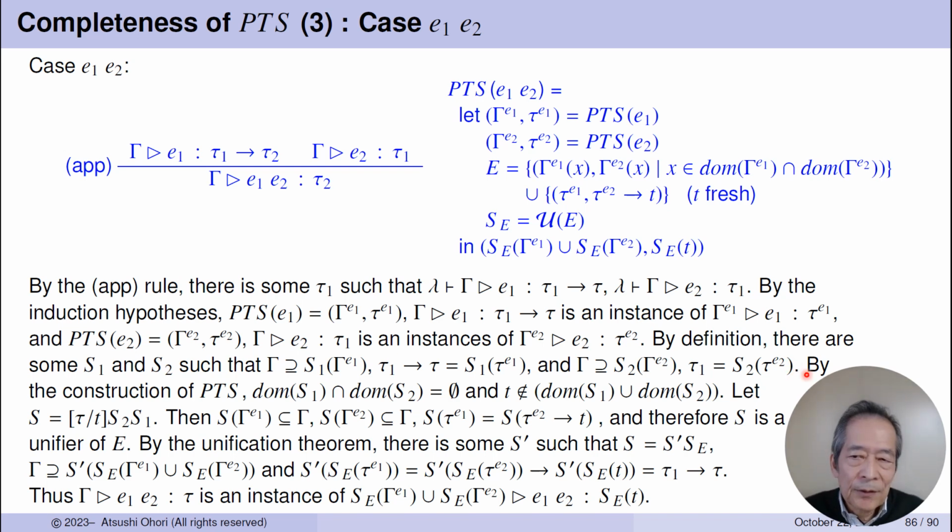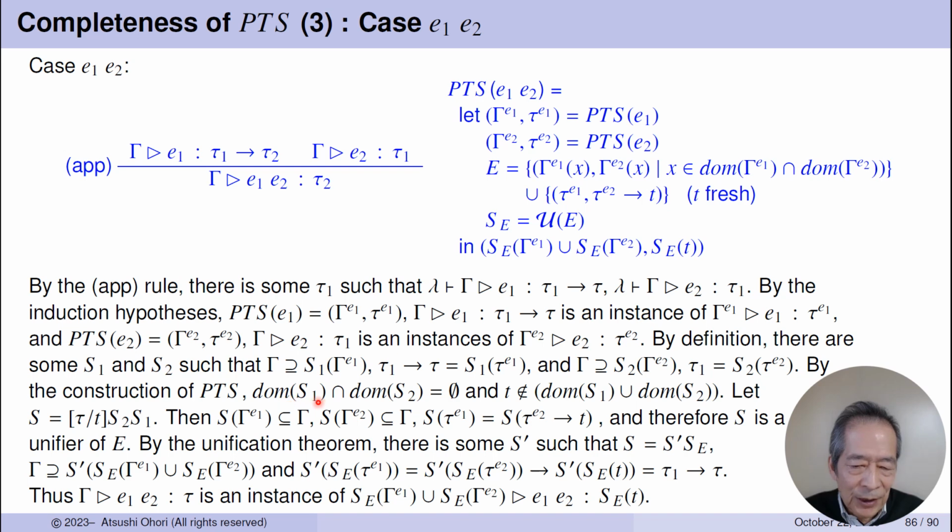We now reason about the type inference algorithm. This PTS algorithm is constructed in such a way that each time we introduce a type variable, those introduced type variables are always fresh, never used before. So by this property, the substitution that creates an instance substitutes the type variables returned by this PTS E1, and this one those returned by PTS E2.